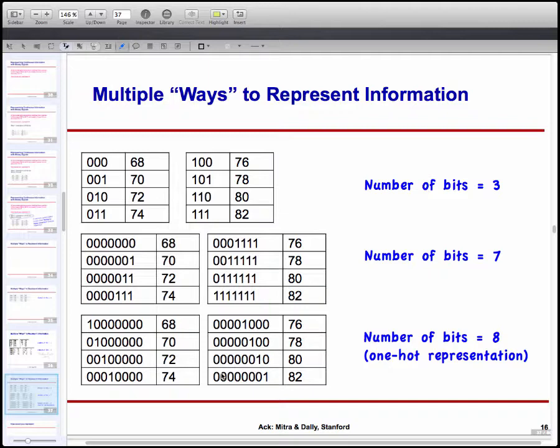But it can make some operations very, very easy. So the main moral of the story out here is that there is no one unique way to represent information. In fact, each one of these representations may find some use in some system because it makes some operation particularly easy.